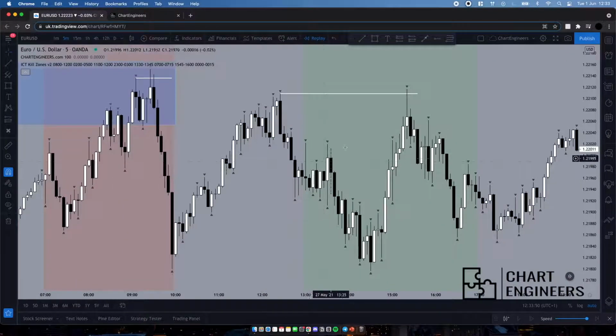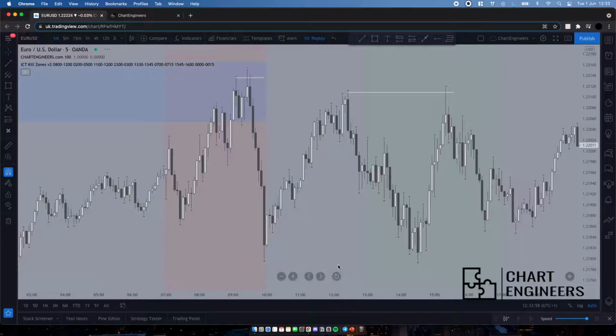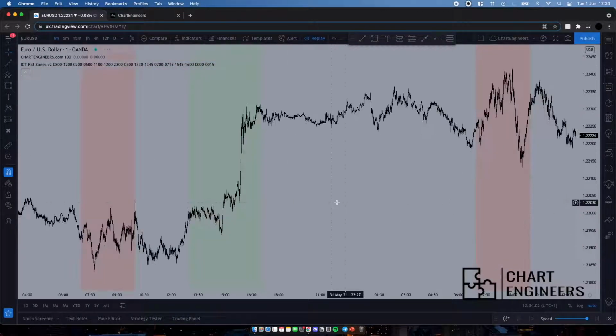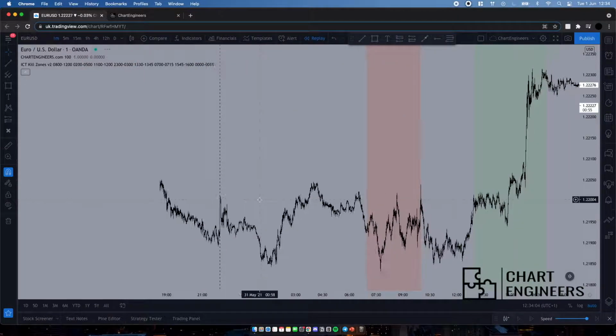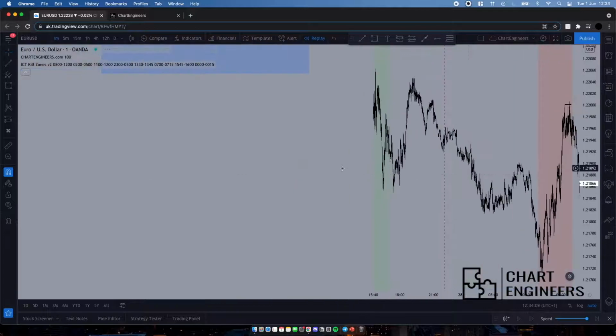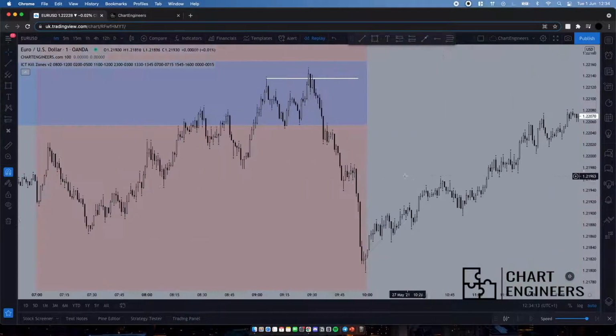Yeah, so on this day just had these 2 liquidity raids. If you're bearish, you would have only been looking at these 2.